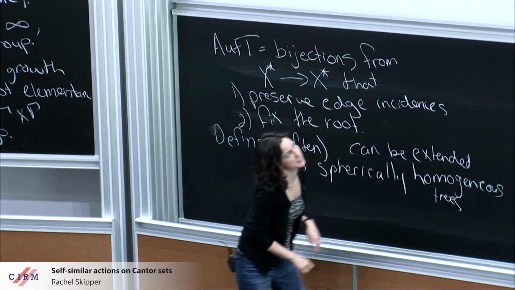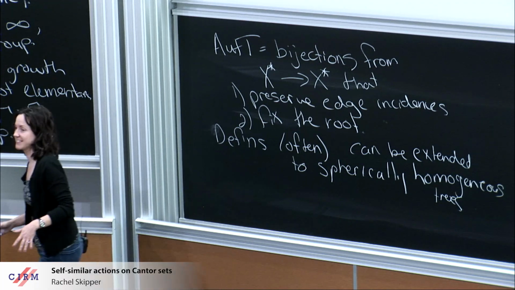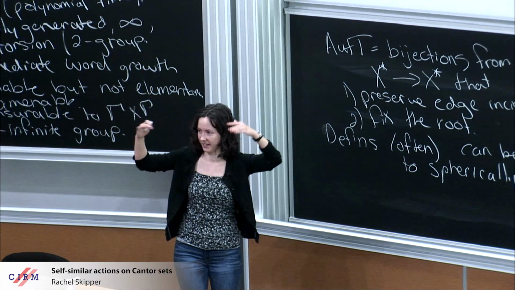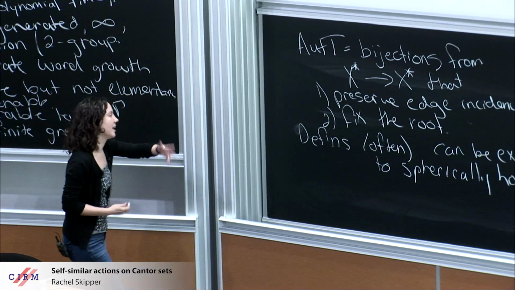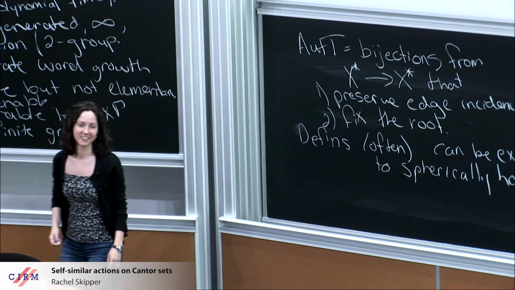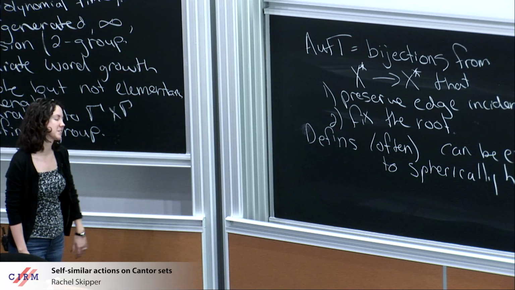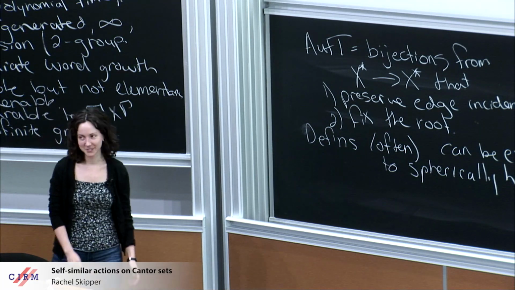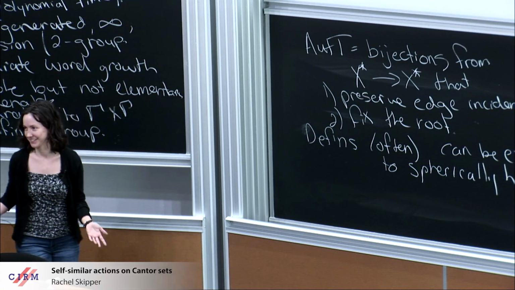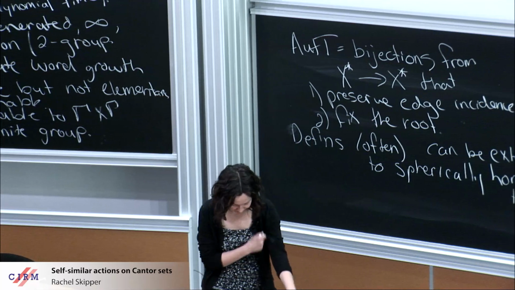These are just the trees where the distance from the root determines the valency. So the valency can change as you move down the tree, but if vertices are on the same level, they have the same valency. When you're working with that type of tree, you actually need this extra fix-the-root condition. Working with spherically homogeneous trees, notation is significantly more complicated and not that much extra is gained, hence why I'm going to focus on these regular rooted trees.